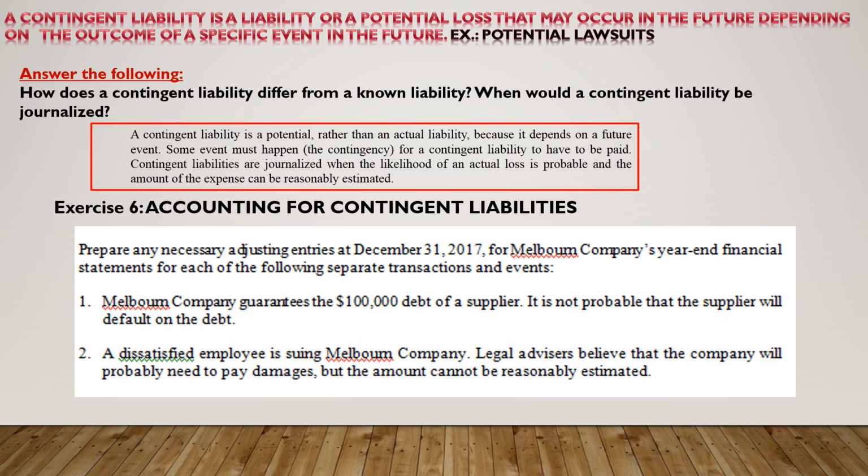Number 1. Melbourne Company guarantees the $100,000 debt of a supplier. It's not probable that the supplier will default on the debt. Number 2, a dissatisfied employee is suing Melbourne Company. Legal advisors believe the company will probably need to pay damages, but the amount cannot be reasonably estimated.